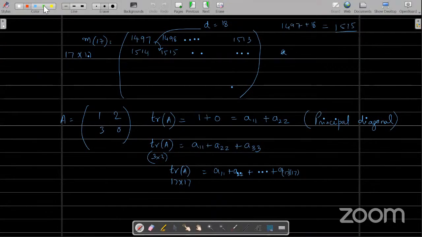So let me write it in bold, definition. Trace of a matrix is the sum of the elements along the principal diagonal. Principal diagonal.